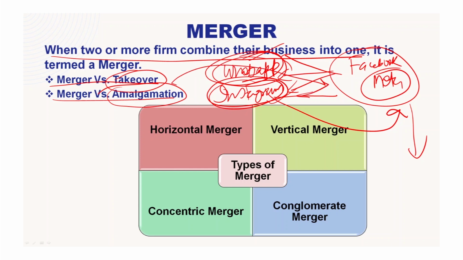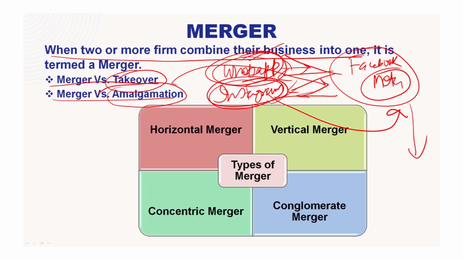All of these are a single form where two or more companies are liquidated or merge with the existing company. Now they do not have their own identity. Based on that, we have four types of merger. One is the horizontal merger.